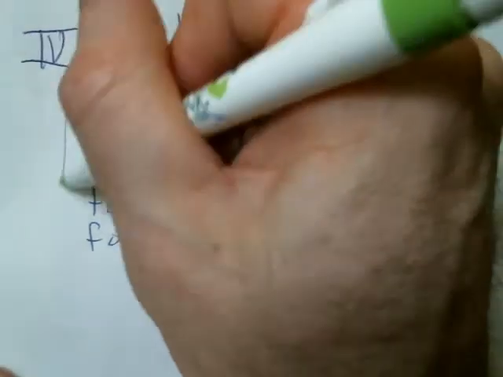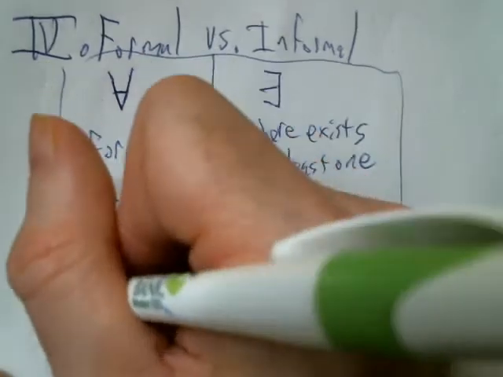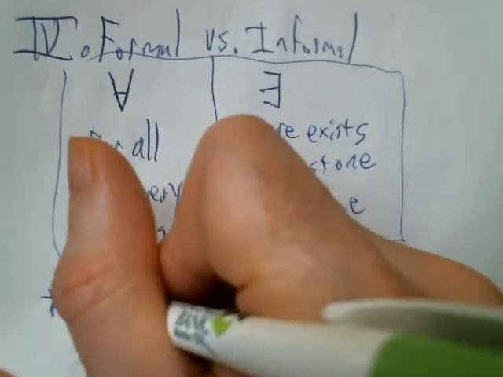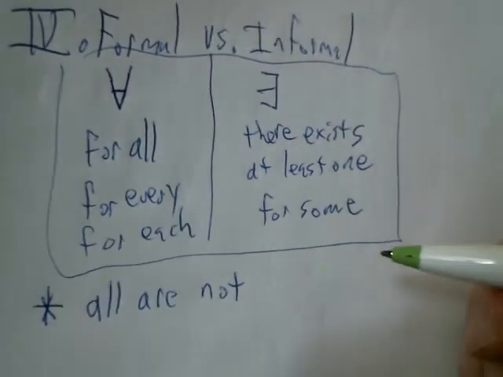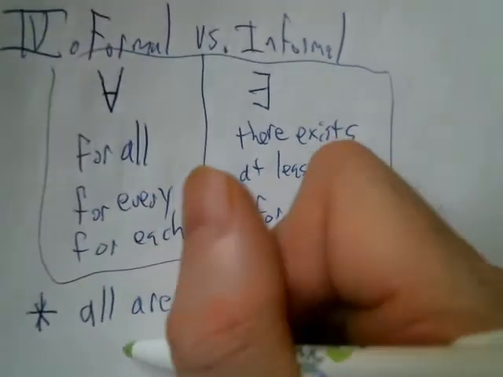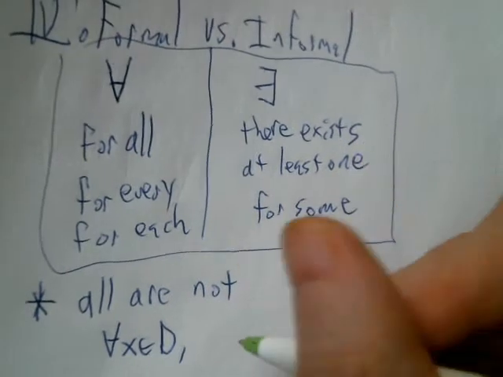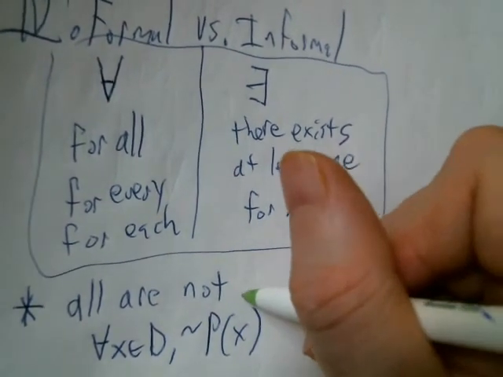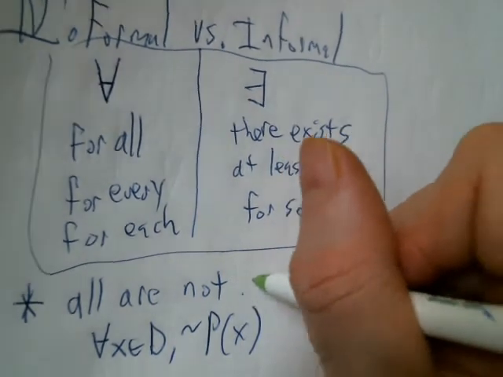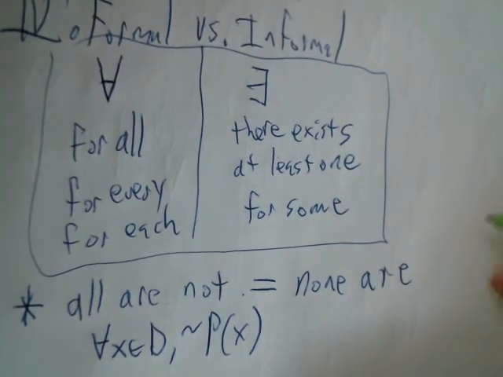Okay. And then the ones that are confusing, at least in my opinion, that should never be used, but unfortunately are used, are all are not. So you would write for all x in whatever domain, not p of x is basically what this is. But the way it'll be written informally, people will say none are, or they'll say none are.